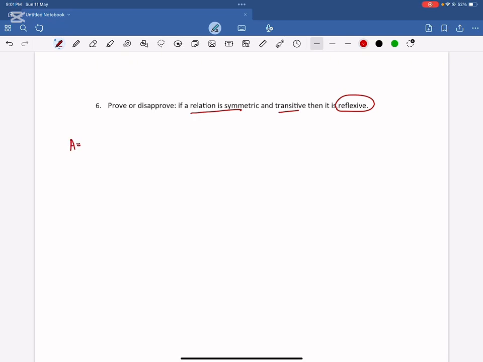If I have a set 1, 2 and 3, symmetric means, let's call them X, Y and Z. Symmetric means X is related to Y, Y related to X. Transitive means X to Y, Y to Z, then X to Z. Reflexive is just X and X.